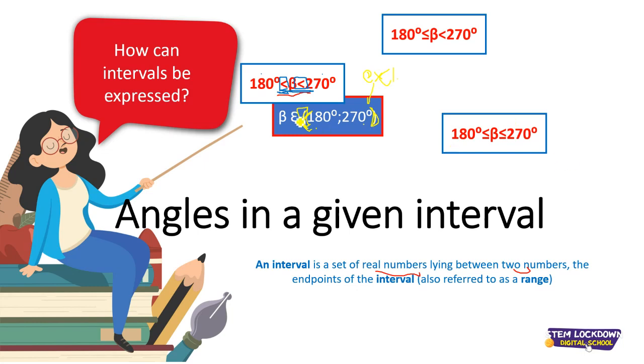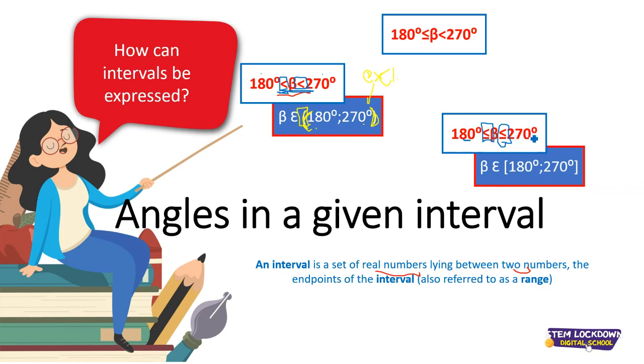Looking at our next one over here, this has a different meaning completely, because if you check on this second one, we have included our start point and end point, because we have said that beta is more than and equal to 180 degrees. I used 179 as my example. That's not the right example, guys. I should have used 180.111111 as my example.